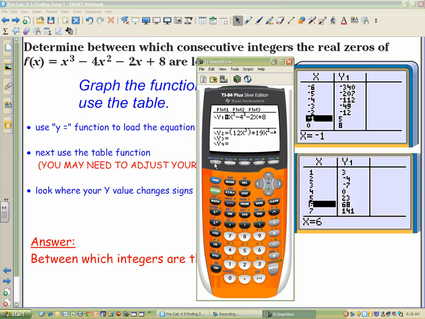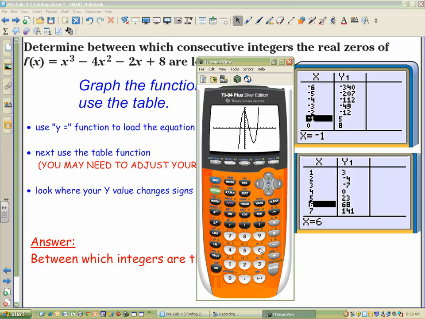I have x to the third minus 4x squared minus 2x plus 8. Get that loaded. Why don't you hit your graph button just so that you can get a look at what this function is doing. If you don't have it all on your picture, maybe hit zoom and 6 and standardize that window so you get it coming out.